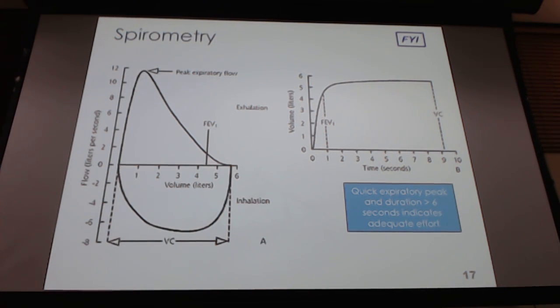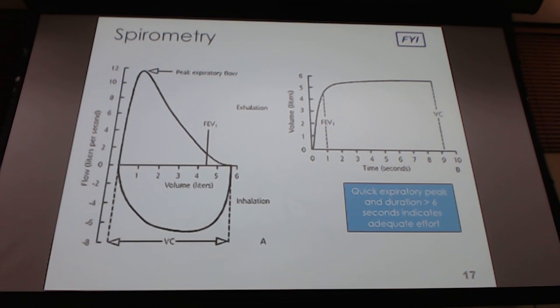So this is a normal flow loop volume on the left here. Again, you start here, you inhale, and then you blow. So, inspiratory, expiratory. If you go from here to here, that's the volume. If you look at this part of it, that's the flow.